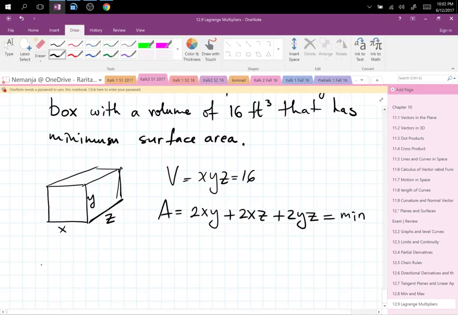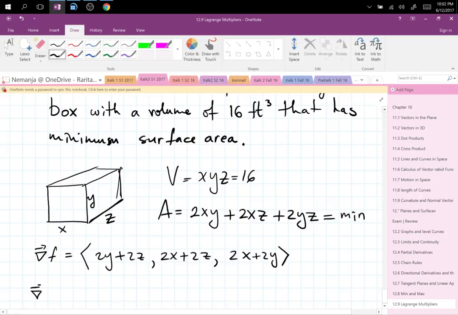So our del f is partial in x. So partial x is 2y plus 2z. Partial of y is 2x plus 2z. And partial of z is 2x plus 2y.